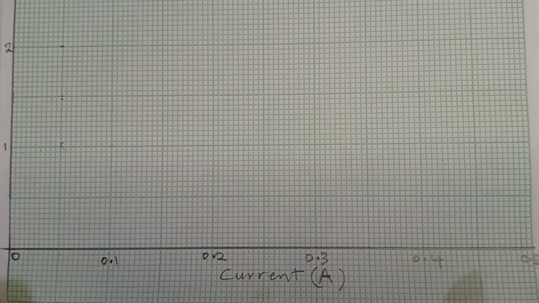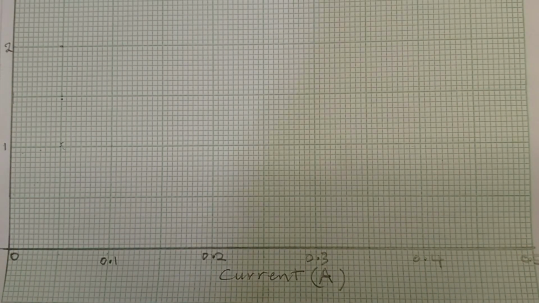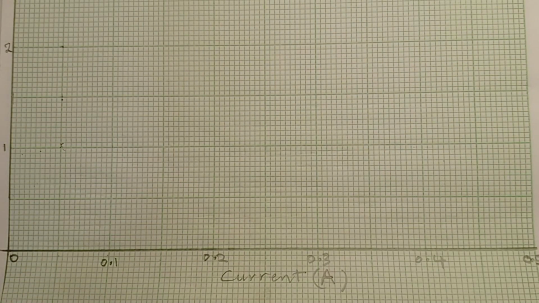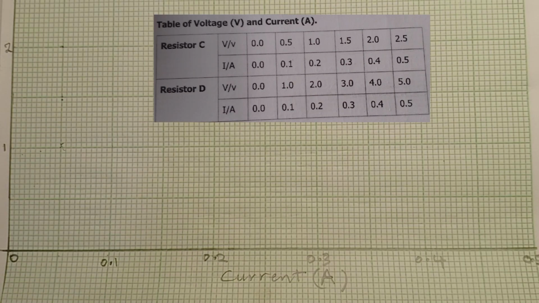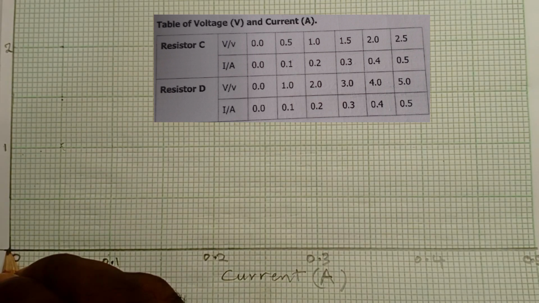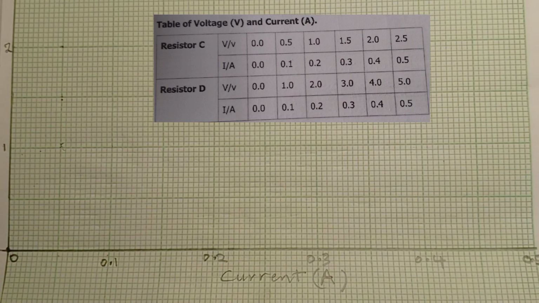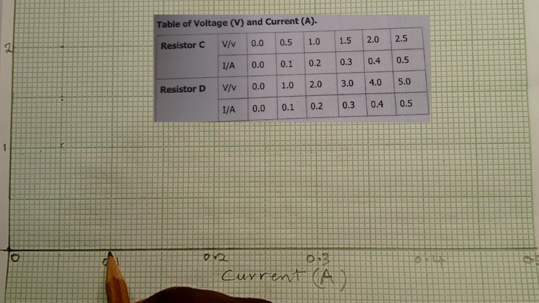So remember the rules when we are plotting. It is x, comma y. So I'll start with resistor C. So for resistor C, we have 0, 0. So this is 0, 0. Then we have 0.1, 0.5. So now this is 0.1, 0.5.